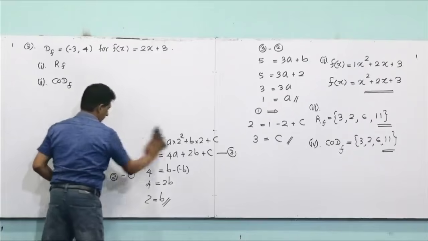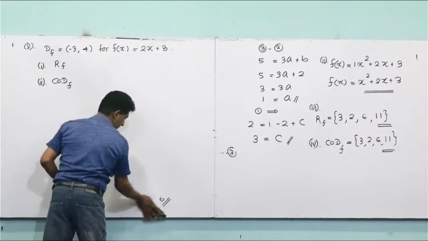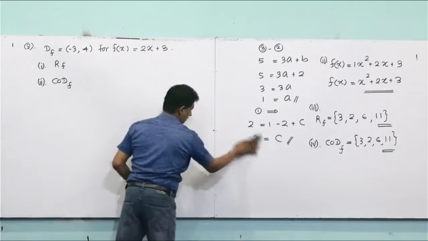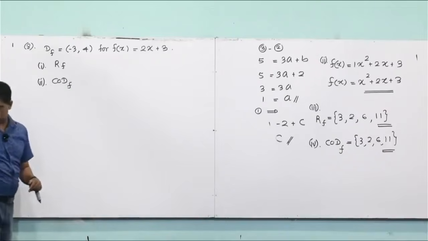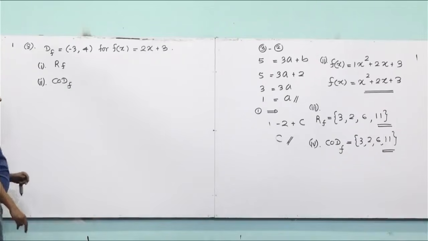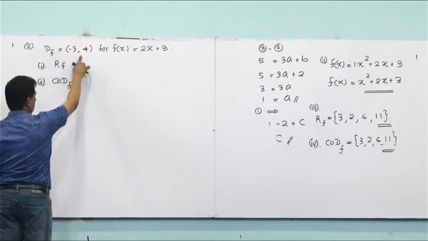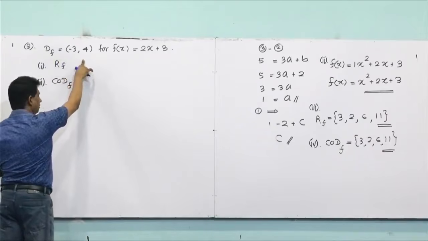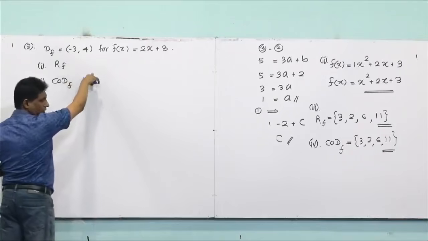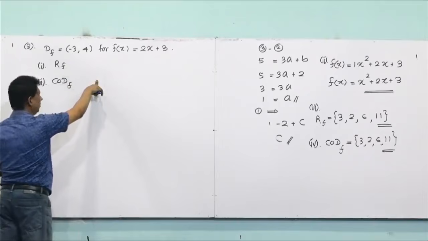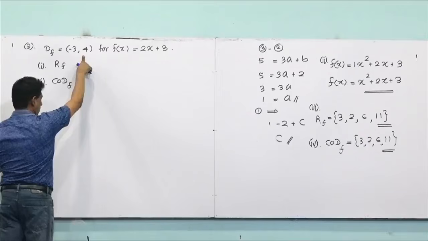This is another type. Now in this case you have to be very careful, because here the domain is given as an interval notation. This is a continuous set, right?